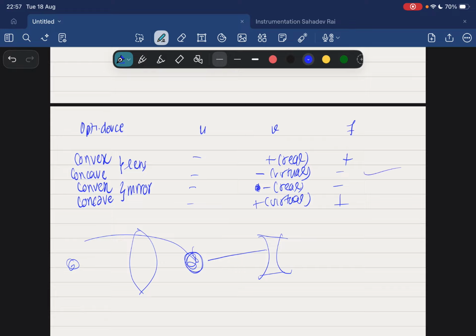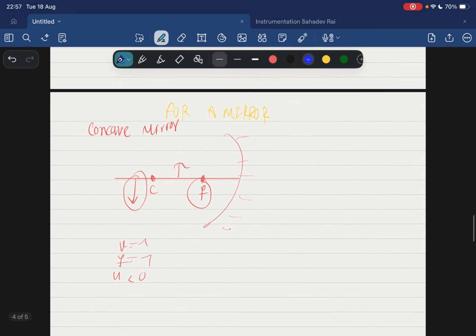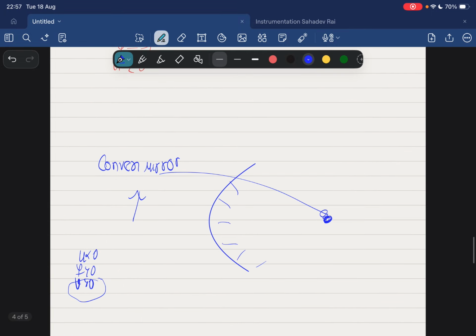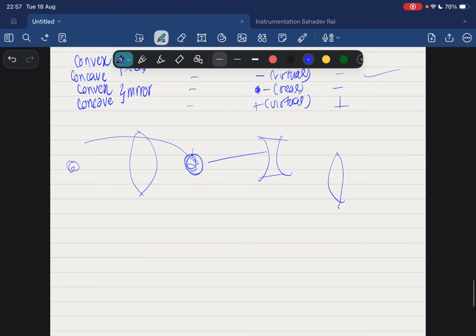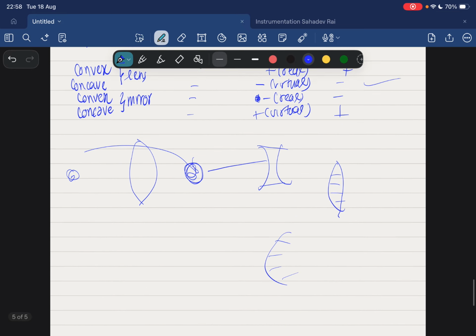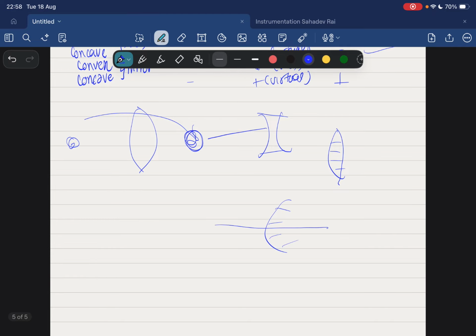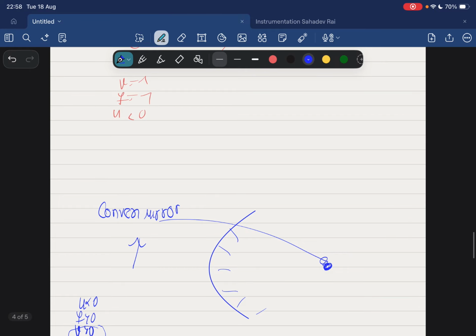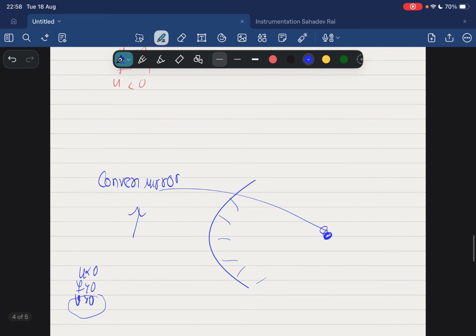For a convex mirror, which is just like this, we have the image being formed on the right, and the focal length is also on the right.